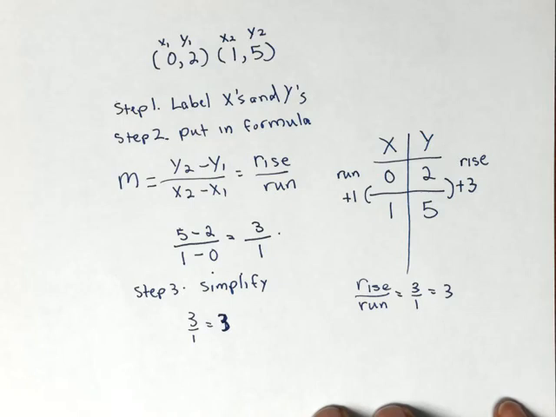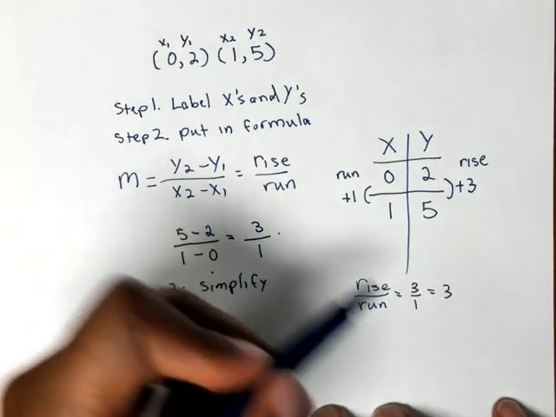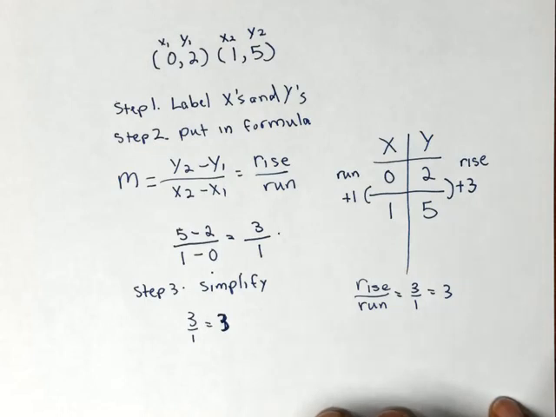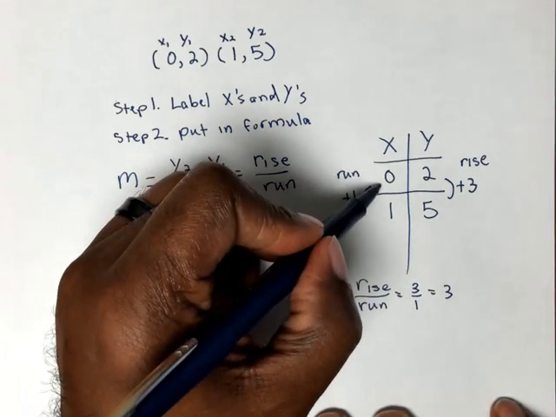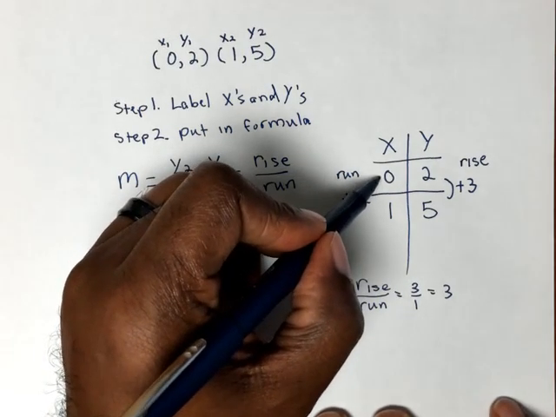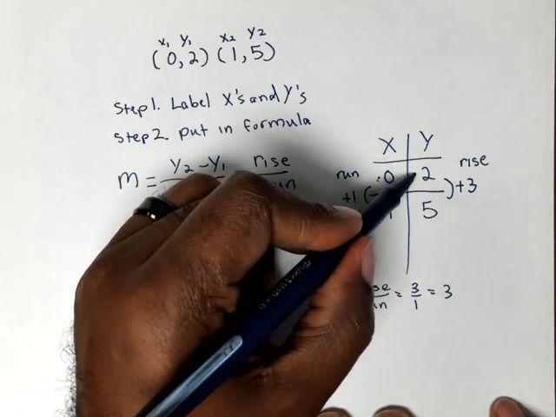In our next video, I'll show you how to find negative slopes, slopes that are fractions, and slopes that are 0 and undefined. But for now, let's do a little teaser. The y-intercept is the y value when x equals 0. If you can find that in your table or your ordered pair, you'd be good to go. Looking at this table, when x is 0, y is 2.